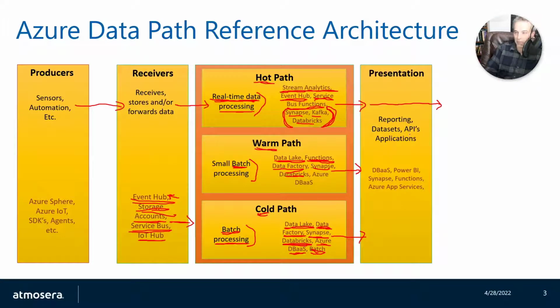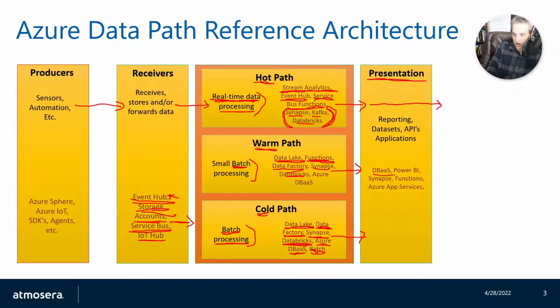I don't know. But the output of this is really the presentation of it. It's whatever the consumer is going to be seeing once the data has been processed, either in a hot, warm, or cold path. And that could be an API. It could be just a data set that you're exposing as a data endpoint, or it could be some kind of reporting.